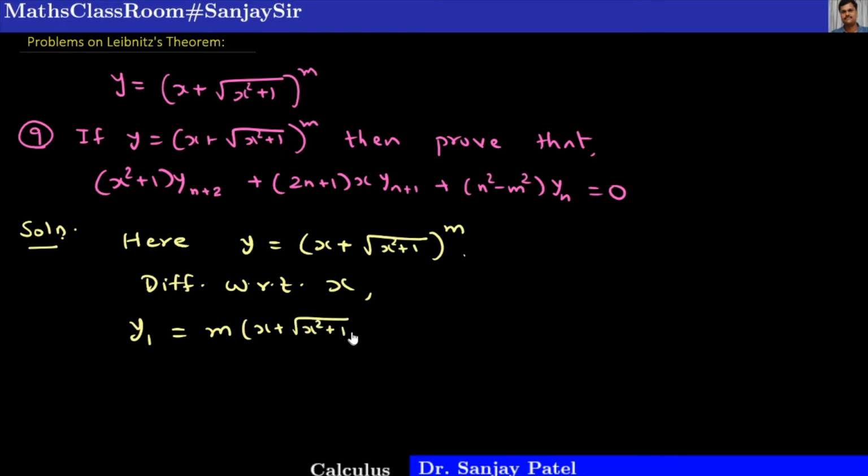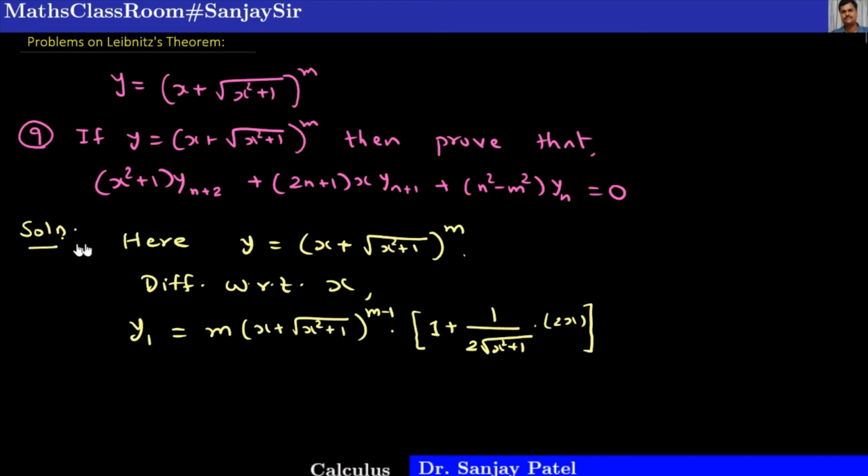Then again we have to find the derivative of x plus square root of x square plus 1 using the chain rule. So we'll write that in the square bracket. Derivative of x is 1 plus derivative of square root of x square plus 1, which is 1 upon 2 root of x square plus 1 into 2x. Okay, so this is our first derivative.